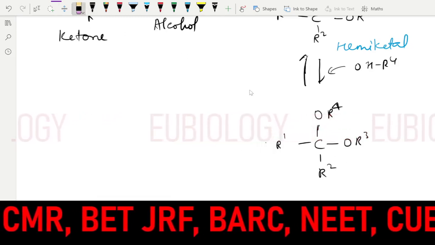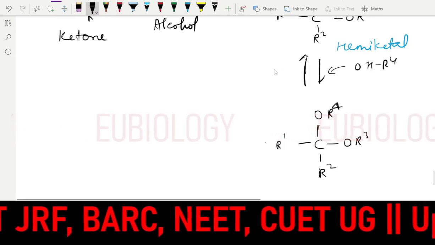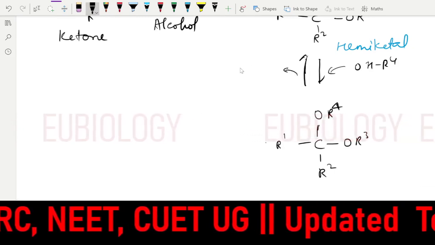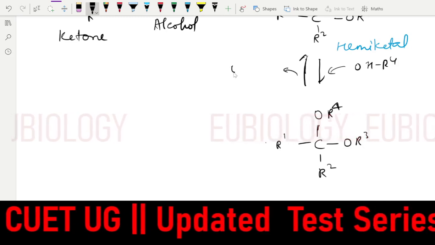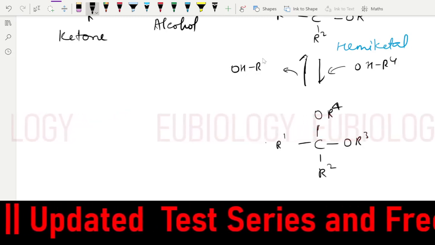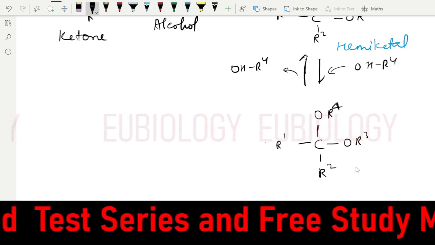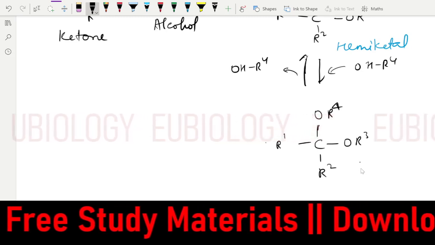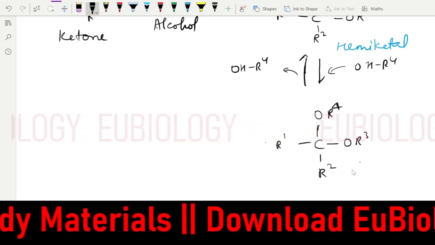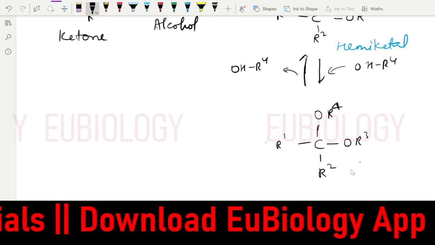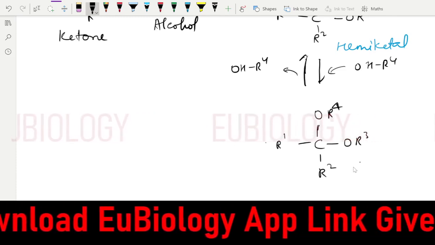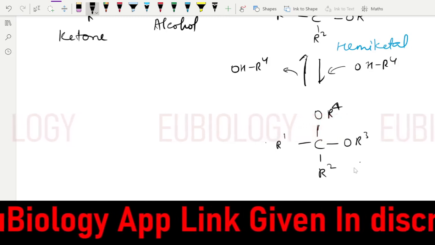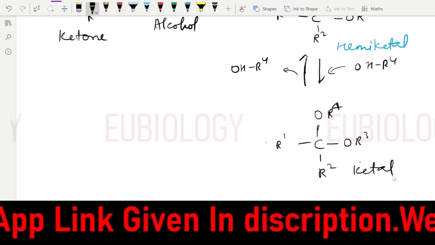Okay. So this is all about it. This way we will understand how the pyranose or furanose ring will be formed. It is a basic concept in which we understand that alcohol and aldehyde or a ketone will react, and it will give you the hemiketal or hemiacetal group. Okay.